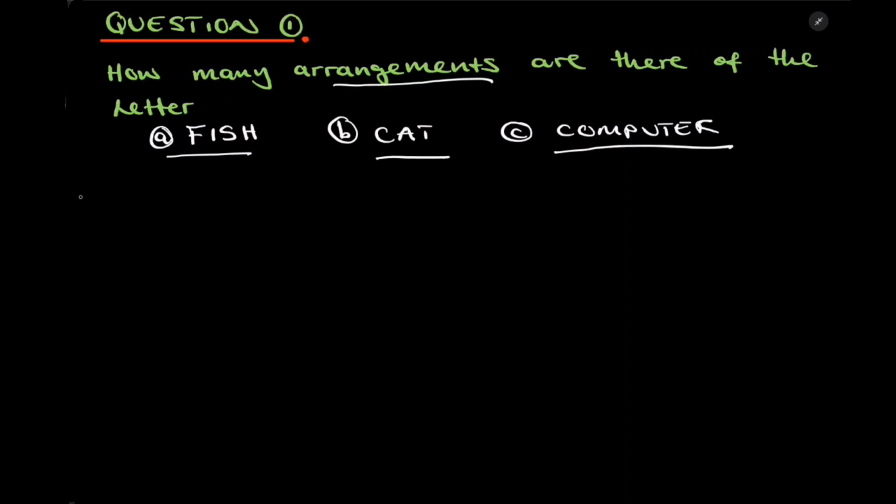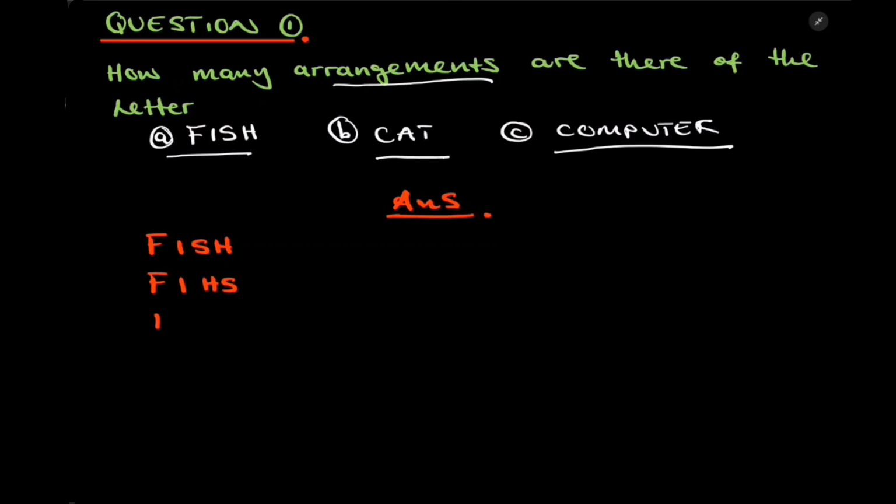Let's begin with the first one, fish. For fish, we can first arrange it this way. The second arrangement can be F, I, S, H, where we interchange the two.